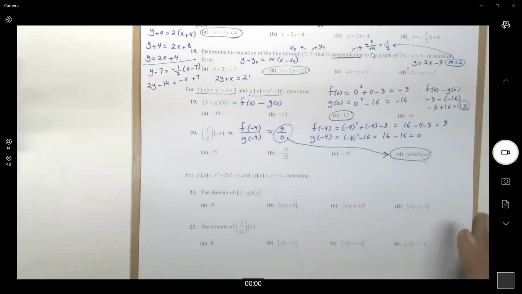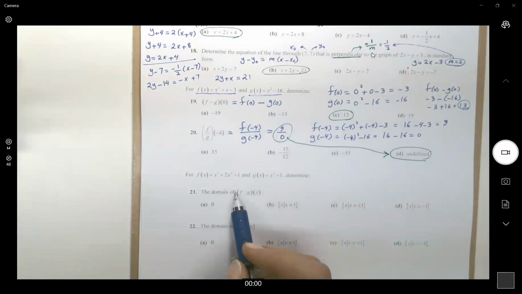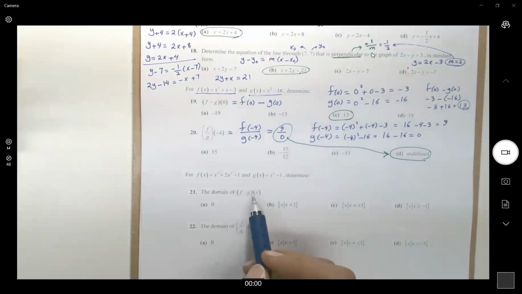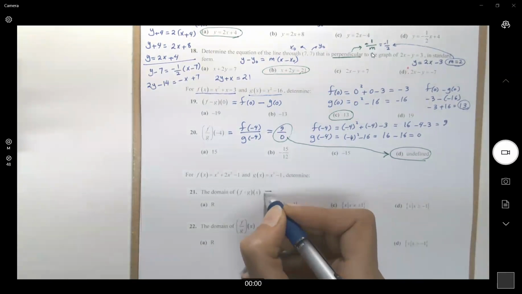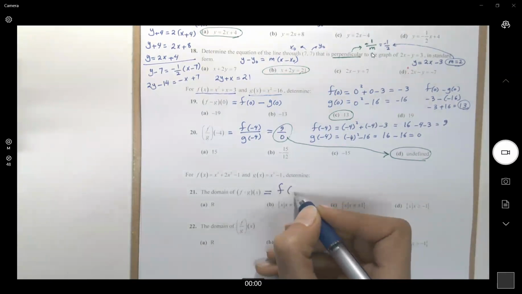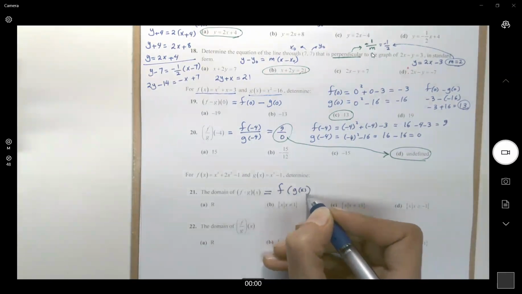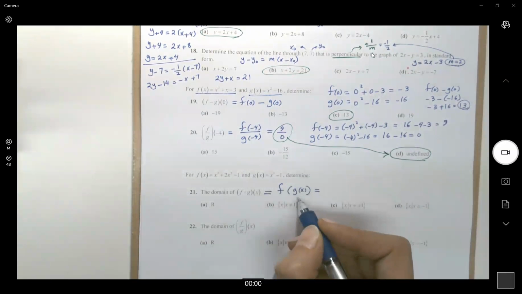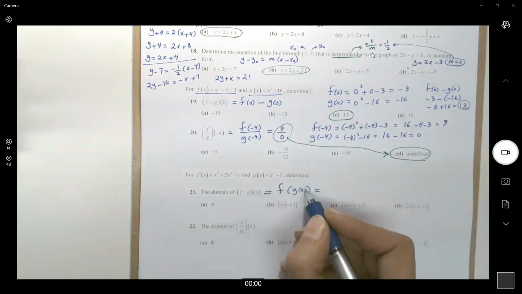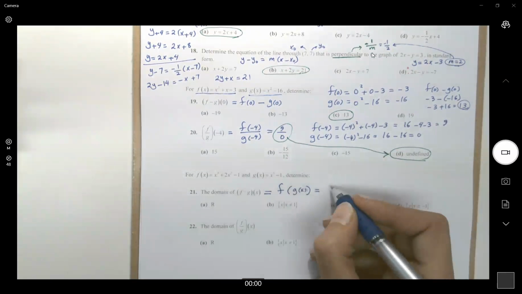Very well. This question says, find the domain of the composition of two functions. The composition of two functions is nothing but substitution. This is equal to f at g of x. So wherever we see x, we're going to just use g of x.